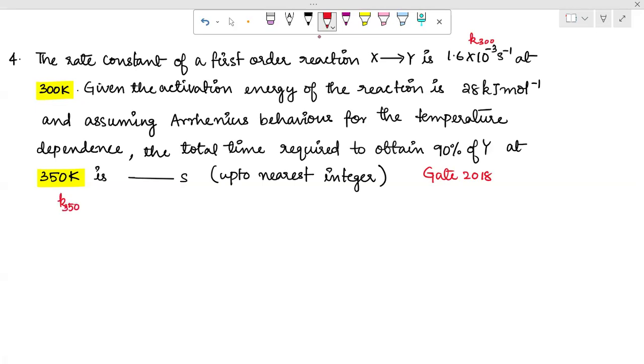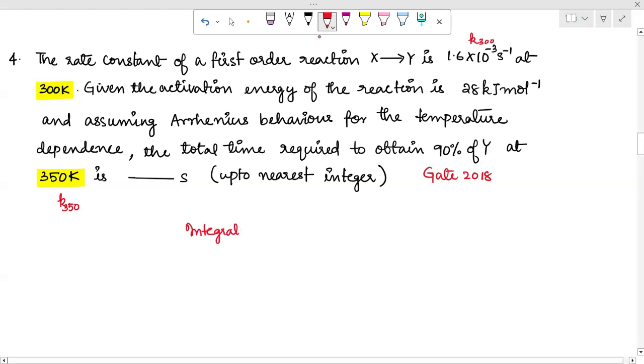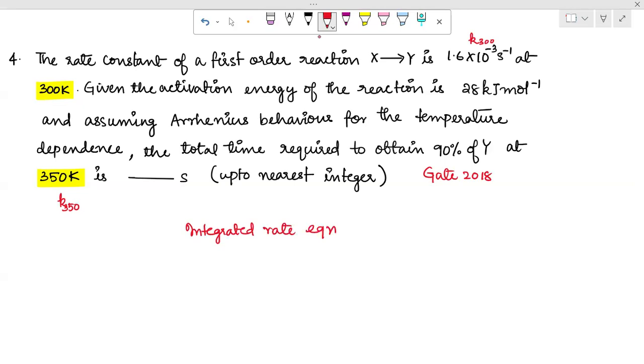Because the integrated rate equation of first order reaction, as you already know, is kt equal to ln of initial concentration divided by the final concentration.